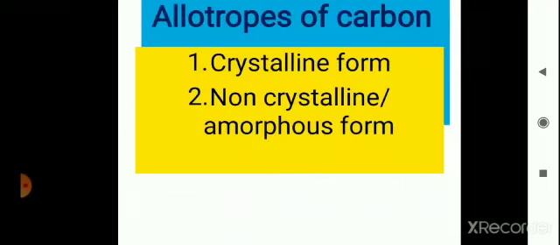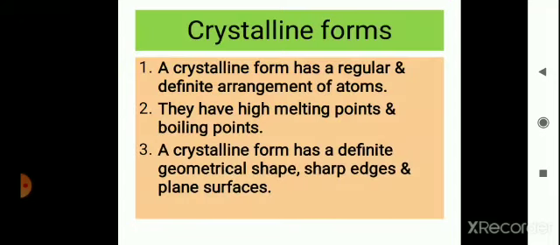Now, which are the allotropes of carbon? Allotropes of carbon are in two forms. First, crystalline form, and second is non-crystalline or amorphous form. First, we learn about the crystalline form.